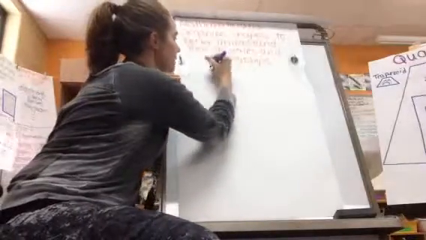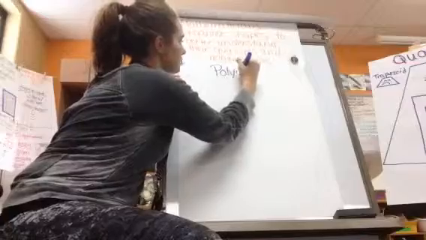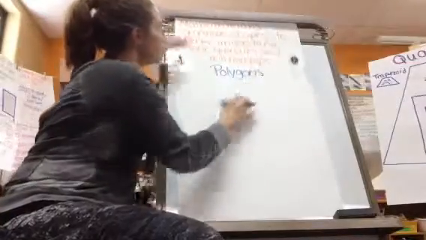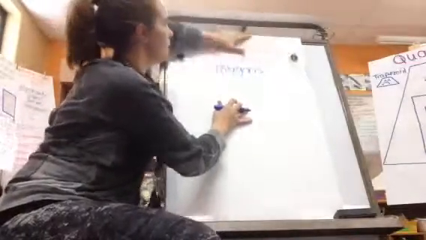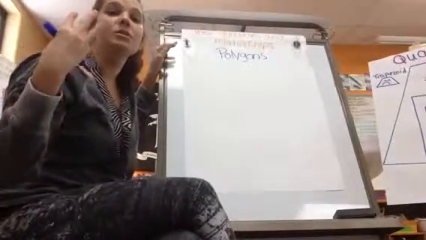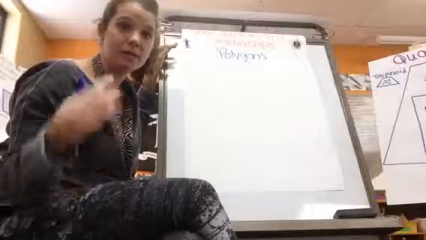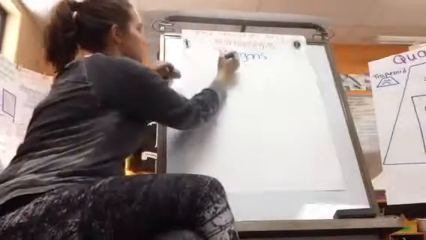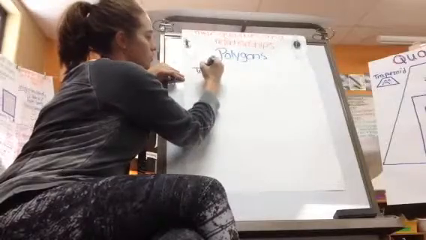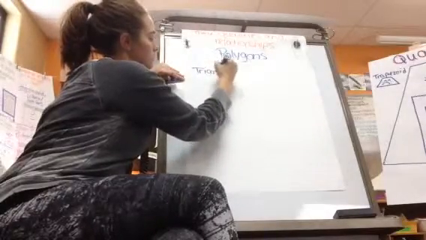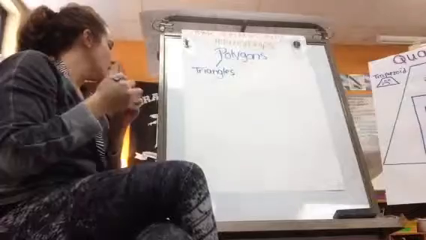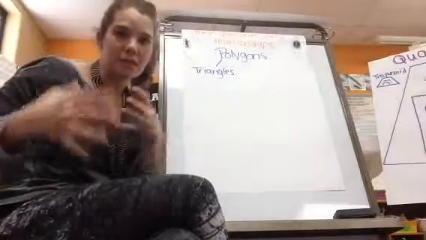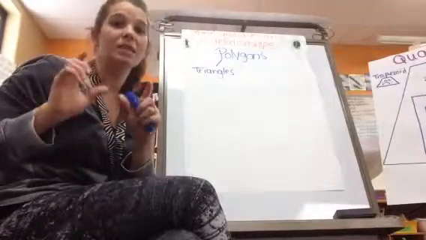So we're going to start with polygons. We've talked about several different types of polygons. One of the types of polygons that we talked about has 3 sides, and that is a triangle. So let's put triangles here. And we've been classifying triangles in different ways with the angles.